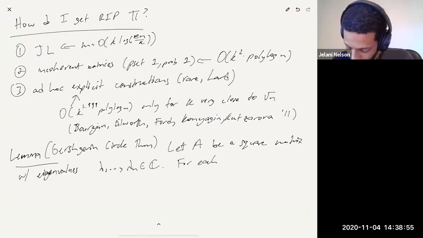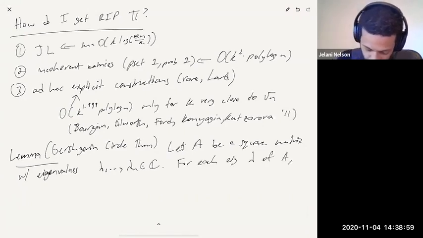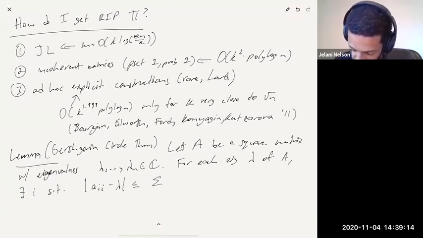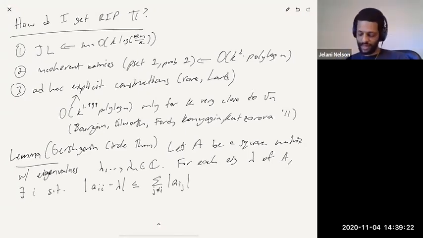For each eigenvalue lambda of A, there exists some i such that if you look at |A_ii minus lambda|, it's at most the sum over j not equal to i of |A_ij|.